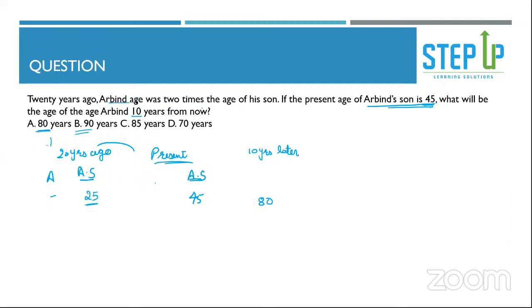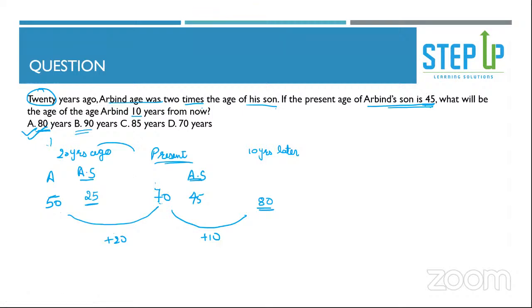Now, one condition is given: Arvind's age was 2 times the age of his son, 20 years ago. So Arvind would have been 50 years. So the present age of Arvind would be 50 plus 20, 70. And 10 years later, it will be 70 plus 10. Hence, the answer is 80. I hope that's clear now.